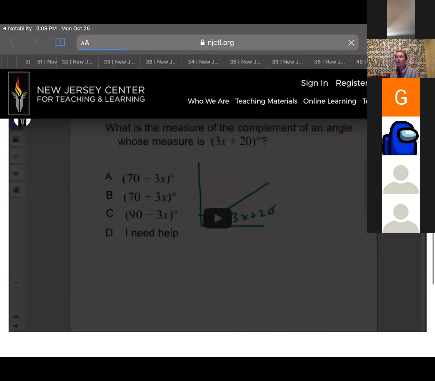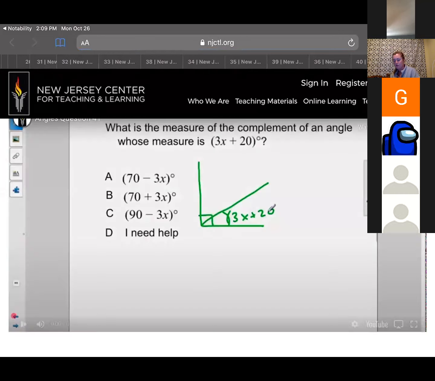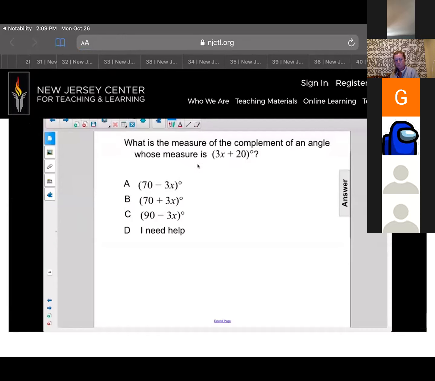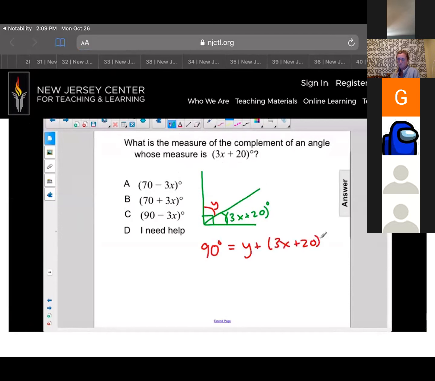Okay. Looking at the next one. This one is probably the most complicated one of this. What is the measure of the complement of an angle whose measure is 3x plus 20 degrees? Okay, let's draw a picture. Here we have our right angle. This angle here is 3x plus 20 degrees. And we'll say this angle here is y, and that's what we're solving for. So we have 90 degrees, which is the full angle, equals y plus 3x plus 20 degrees.